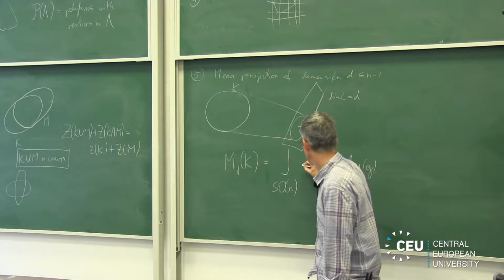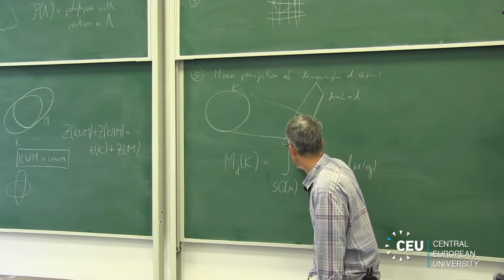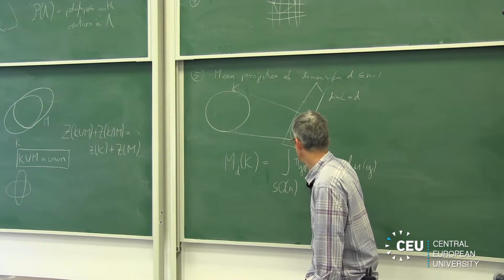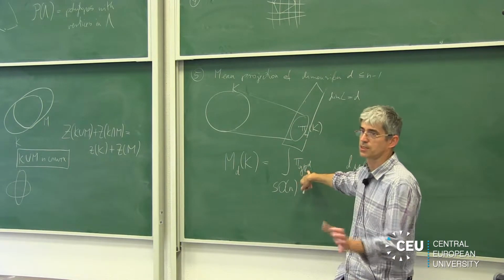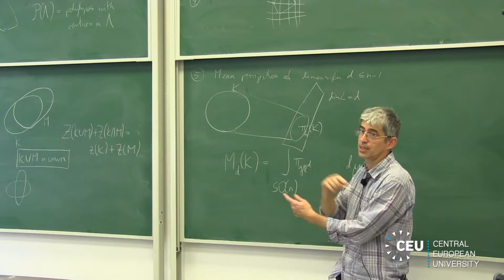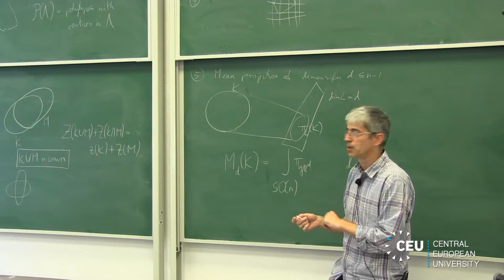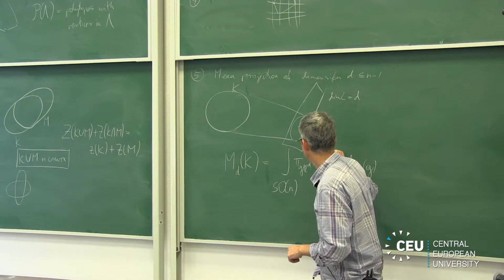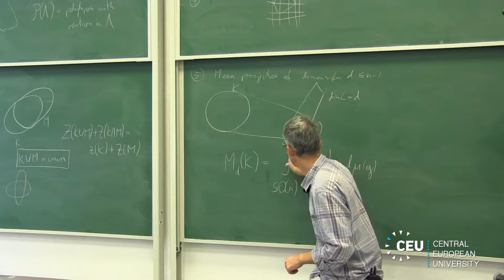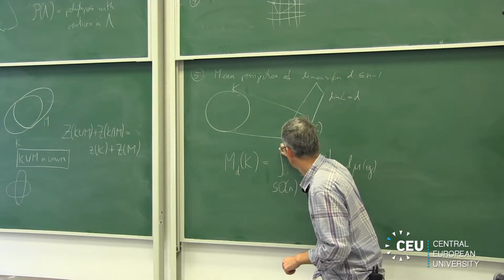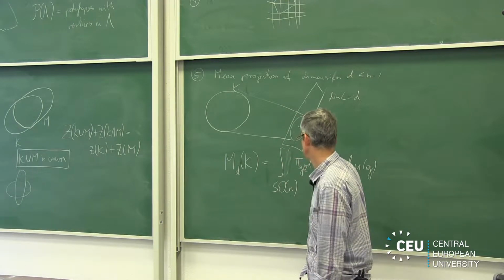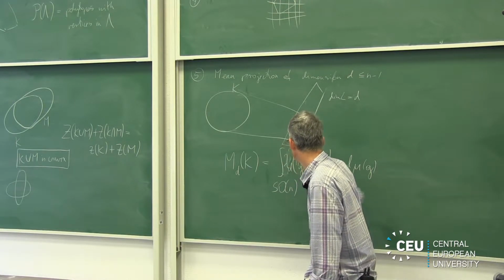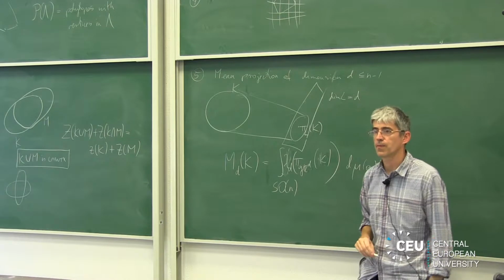And then you take the projection into R^D: you fix a D-dimensional subspace, you rotate it into each position, you take the projection, and you take the D-dimensional Lebesgue measure, lambda D of the projection.